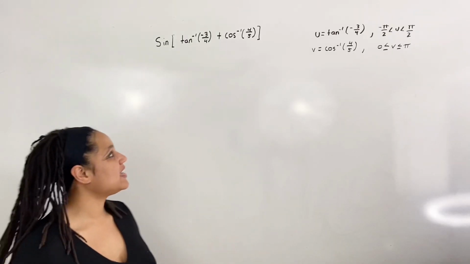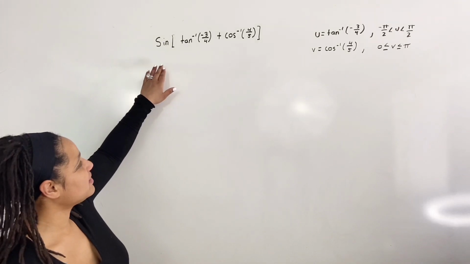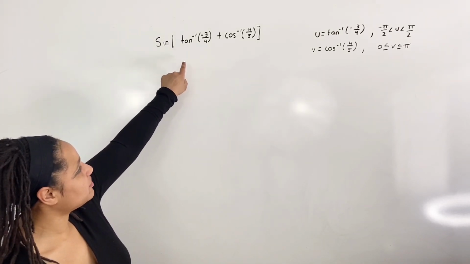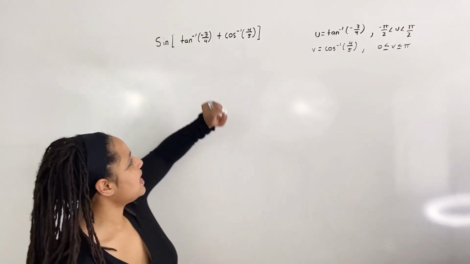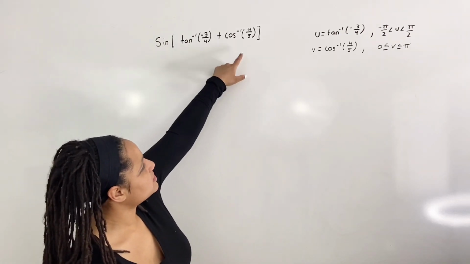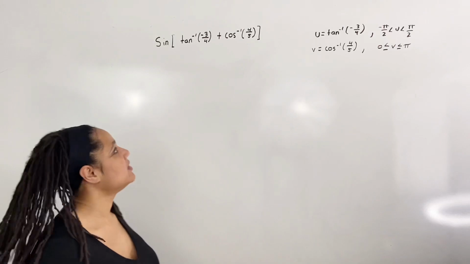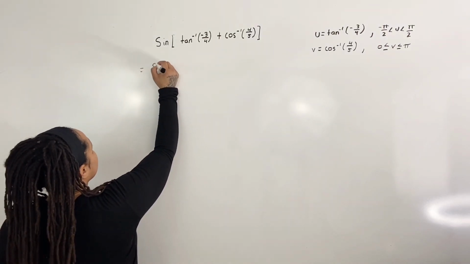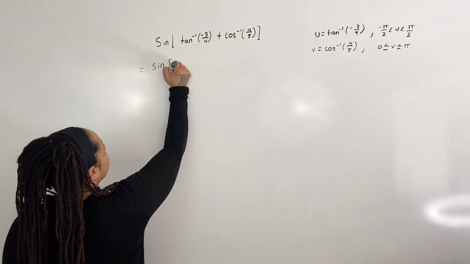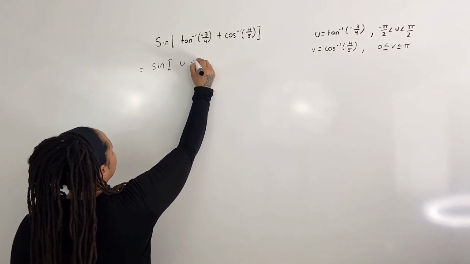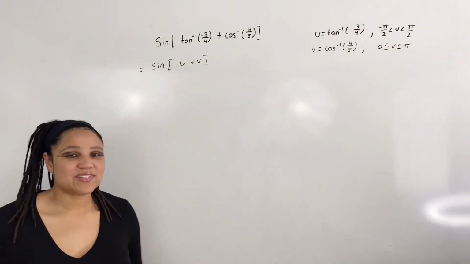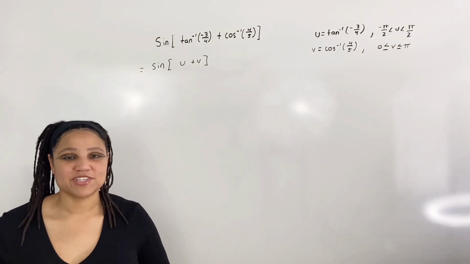Now we can take what we have here and replace tan inverse of -3/4 with u and replace cosine inverse of 4/5 with v. So this is equal to sine of u plus v. Now we can use the sum formula for sine.